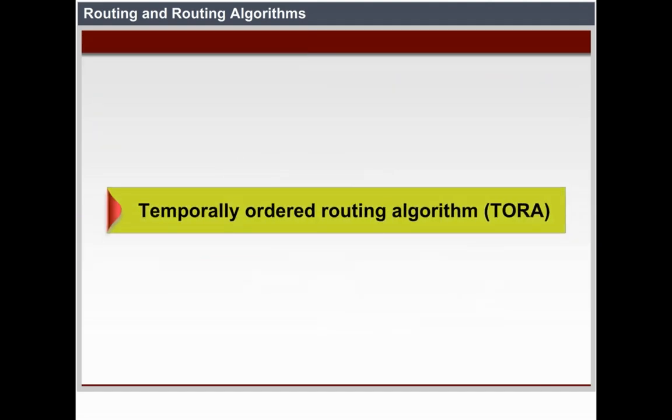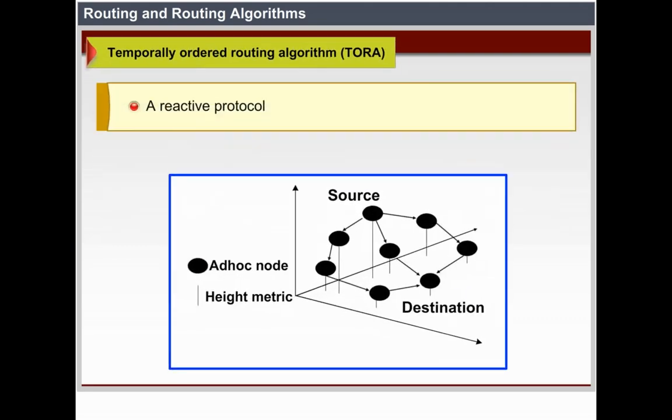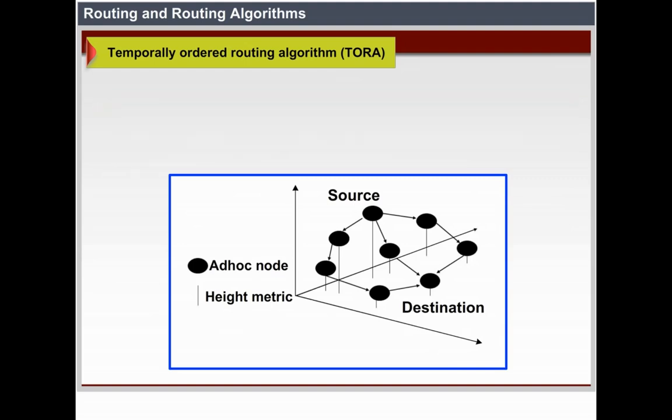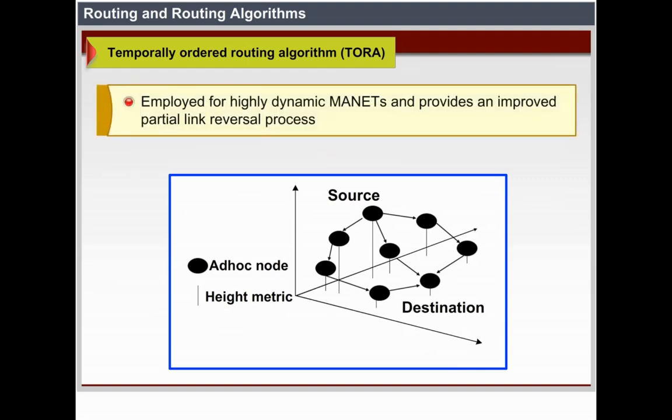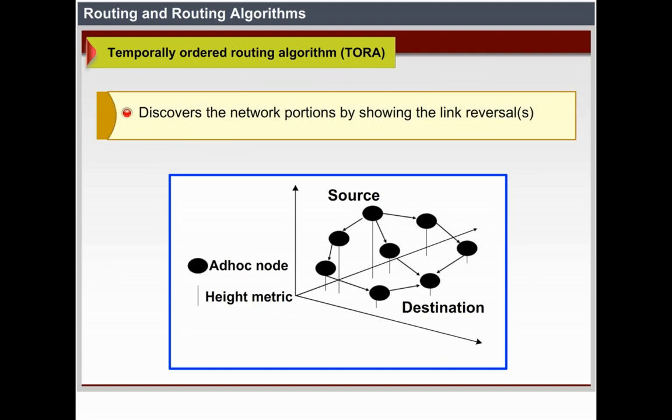Temporally Ordered Routing Algorithm, TORA. A reactive protocol. Reacts to the changes and link reversals. Employed for highly dynamic MANETs and provides an improved partial link reversal process. Discovers the network portions showing the link reversals.